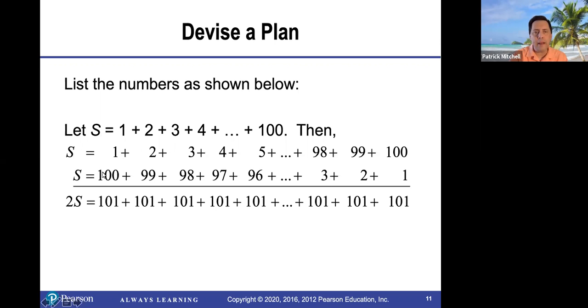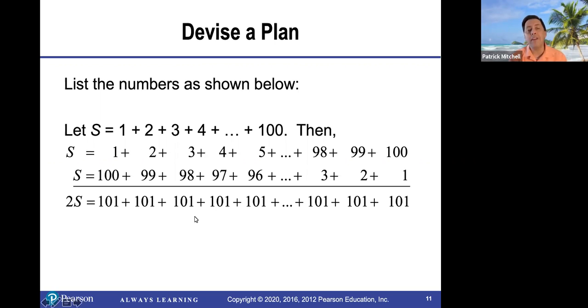If you line all these numbers up vertically, S plus S is 2S, 1 plus 100 is 101, 2 plus 99 is 101, 3 plus 98 is 101, all the way down to 100 plus 1 is 101.